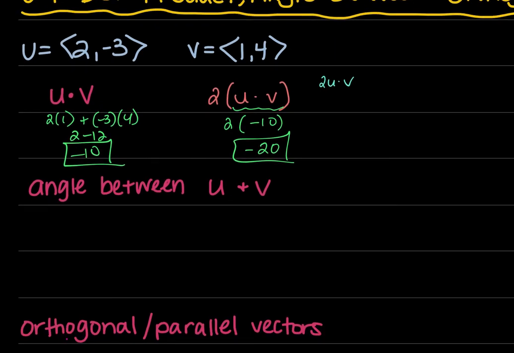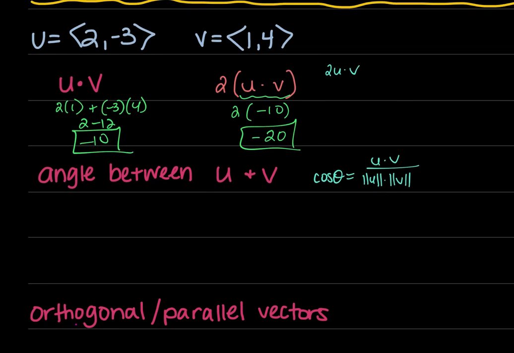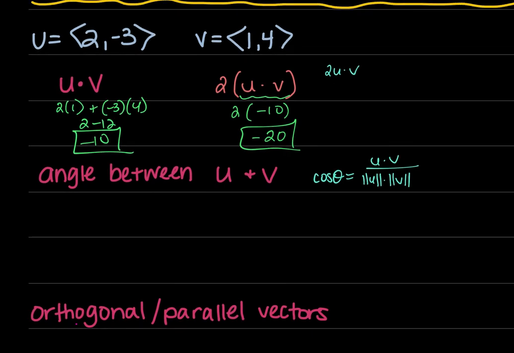The angle between is the cosine of theta equals u dot v over the magnitude of u times the magnitude of v. So the dot product we already have is negative 10.